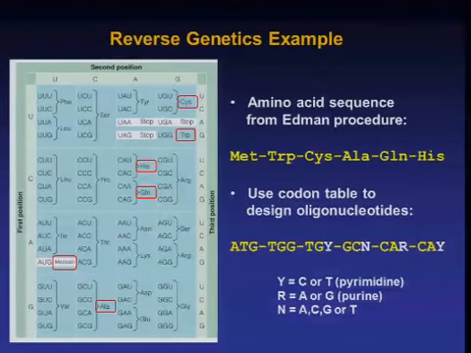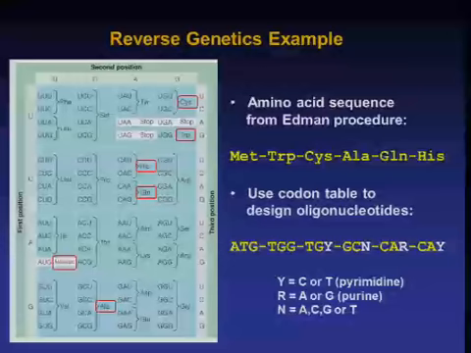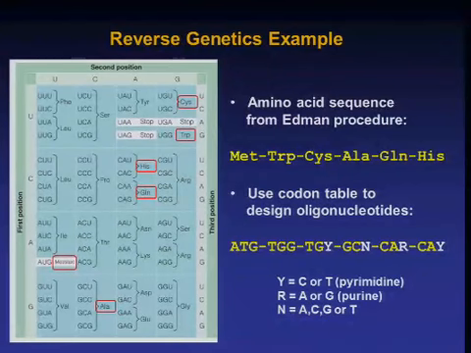So if we're making an oligonucleotide, a synthetic DNA, to try to go and fish out the gene of interest, we know that we would have T and G in those first two positions, but then that third position, right, it could be either C or T, a pyrimidine. Here, the next amino acid, we know the first two are GC, and then for alanine, when we look, alanine can be anything at that fourth position.